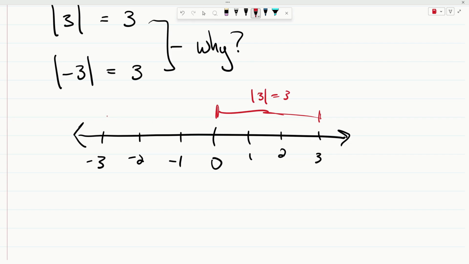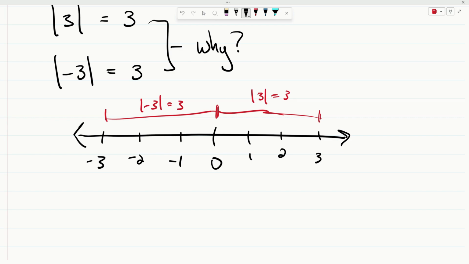But on the other side, this is also a distance of 3. That negative symbol just means you moved in the opposite direction of what we deemed positive. That's all it means. Remember, a long time ago, you were taught that if there's a sign in front of the number like a negative, that just means the opposite of.